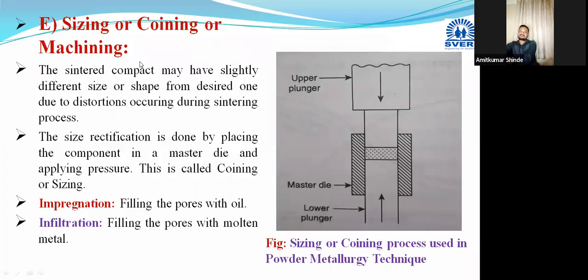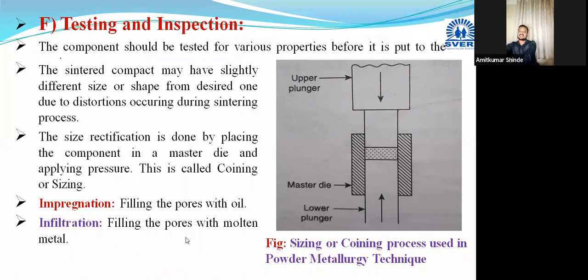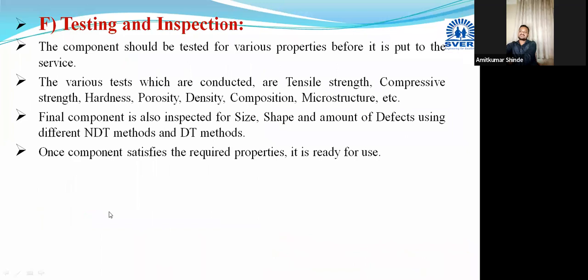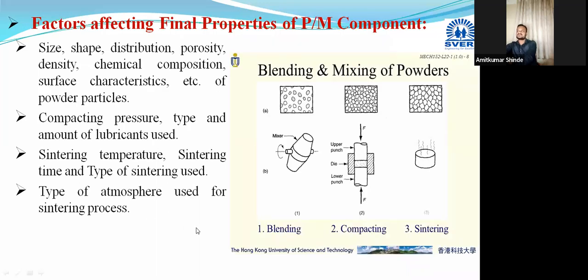Then how the sizing, coining, or machining is done with the help of a master die. Then how we are going to do impregnation and infiltration process. Then the testing and inspection, the final component is tested and inspected for its shape, size, and whether any kind of defect is present, and various properties like strength, hardness, density, microstructure is checked with different techniques, and that component is used.